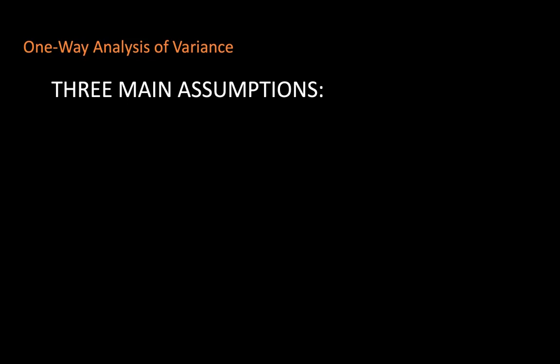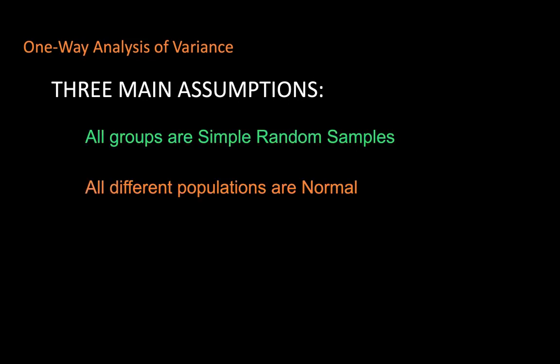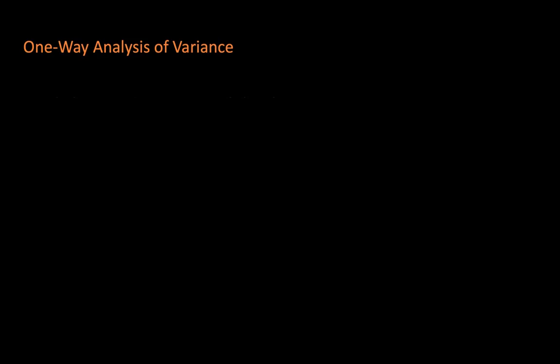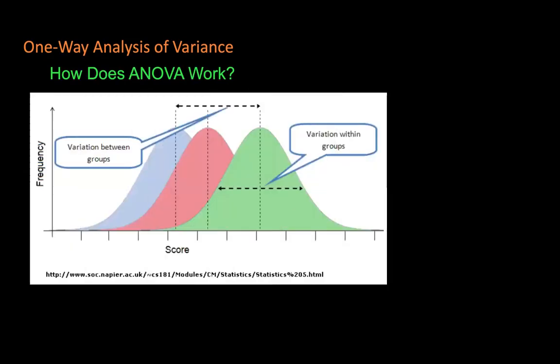There are 3 main assumptions in one-way ANOVA: all groups are simple random samples, all different populations are normal, and all population standard deviations are the same. How does ANOVA work? You can see there can be variation within groups and variation between the groups.